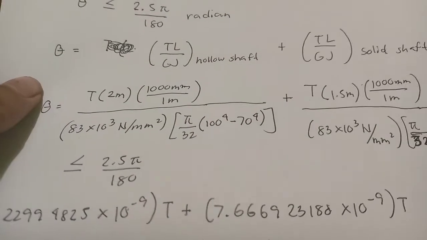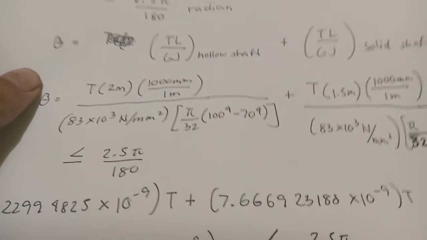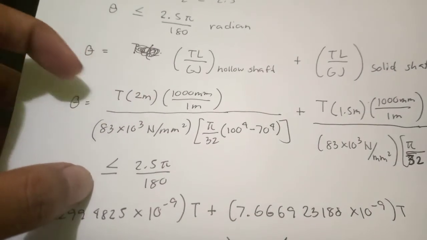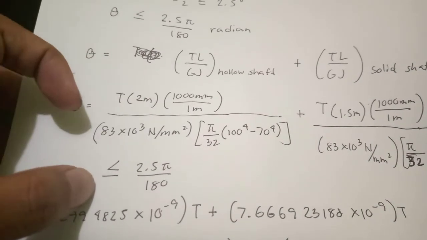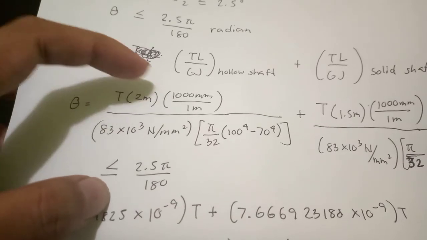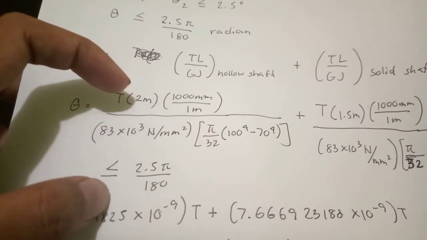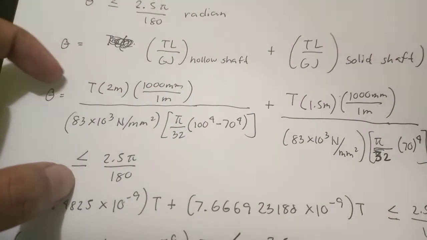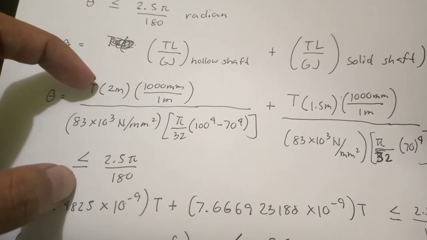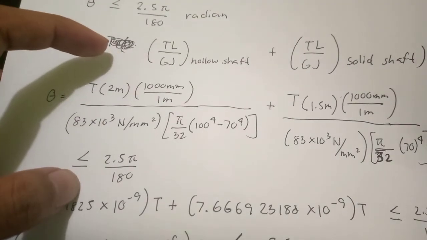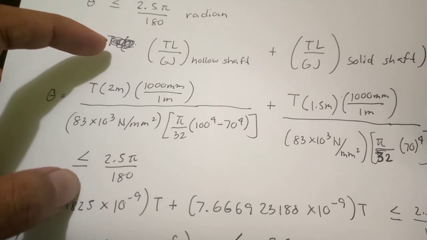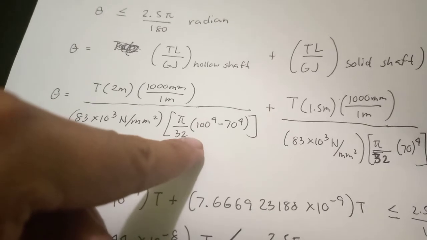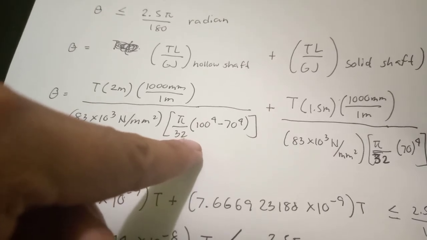Here T is not given, so we substitute the values of L, G, and J respectively for the hollow shaft and the solid shaft. From our figure, the length is 2 meters, which I convert into millimeters by multiplying by 1000 mm over 1 meter. Then this is the formula for J for a hollow shaft.